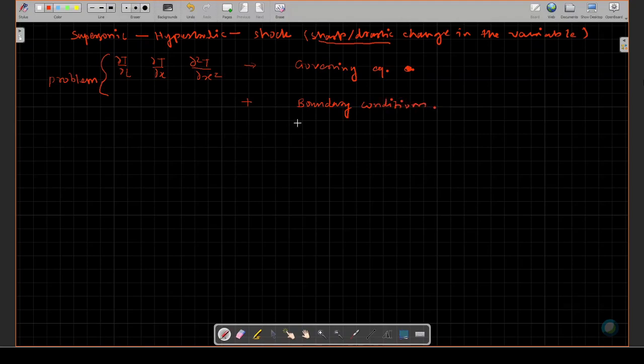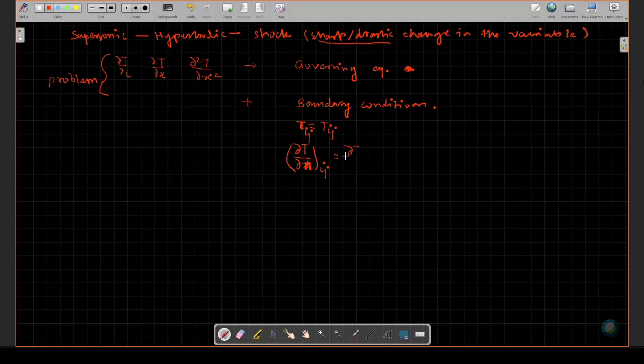Say we have a Dirichlet boundary condition, so T is given at the boundary. So Tij should be given. There can also be a Neumann boundary condition. In that case, it depends upon the normal direction. It can be x or y. So that also you'll have to discretize.